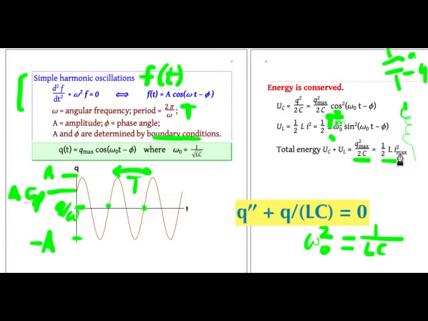So you see what happens in the LC circuit. We have the capacitor and we have the inductor. The total energy is constant, but it's alternating back and forth between the capacitor and the inductor. So sometimes the capacitor has all the energy, and there's no magnetic energy in the inductor.